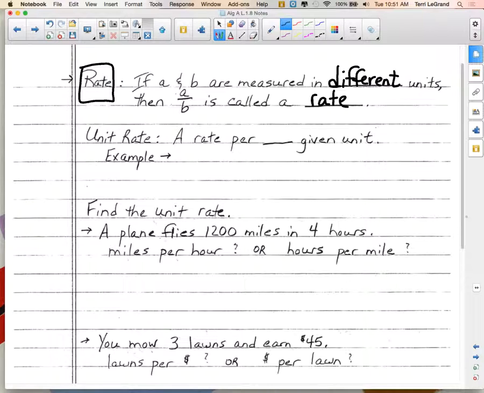So, can anybody give me an example of a comparison of 2 things with different units that we could call a rate maybe? Anybody here have a job? Preston, would you share with us, you don't have to tell us how much, how do you get paid? Sometimes I get tips, but usually like every other Thursday I get like a paycheck.